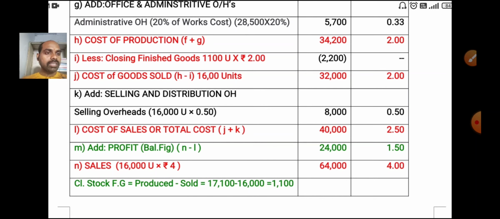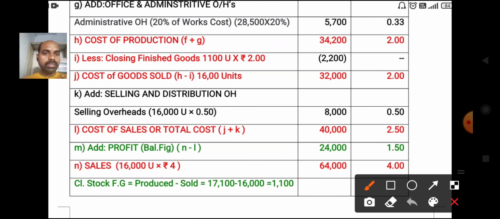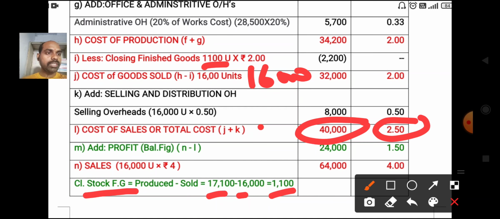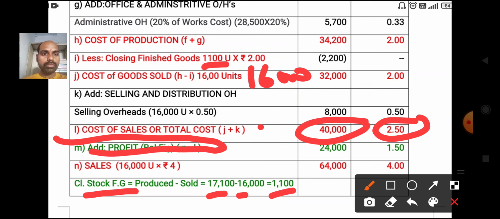Profit is nothing but the balancing figure, and sales. Let us deal with that one. See, closing stock of finished goods कैसा आया? 17,100 minus 16,000 यूनिट्स, 1,100, ये यहाँ पे ले लिया अपन कैलकुलेशन के लिए. वर्किंग नोट आपको यहाँ पे नीचे बताया. So your total cost is 40,000. Per unit it is 2.50. Add profit और लॉस, ये यहाँ पे छोड़ दो थोड़ी देर के लिए.